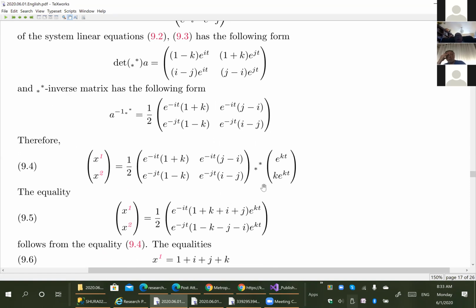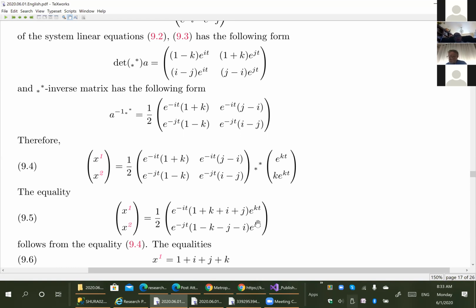I get by the product and find that x1 is exponent, this constant, and again exponent, and x2 again exponent, conjugated constant, again exponent. But even these values depend on t.